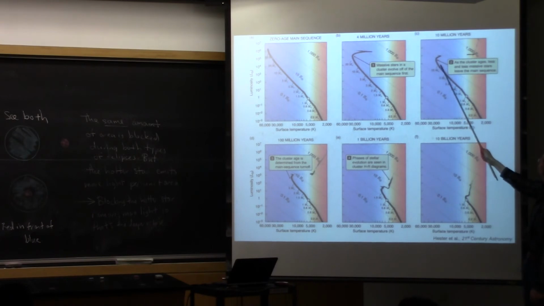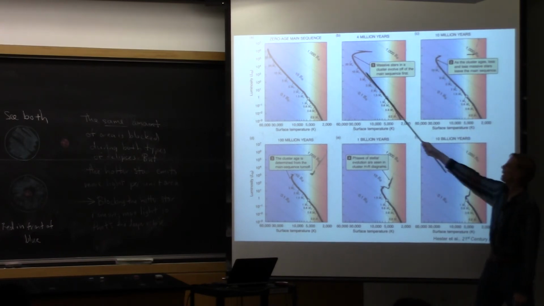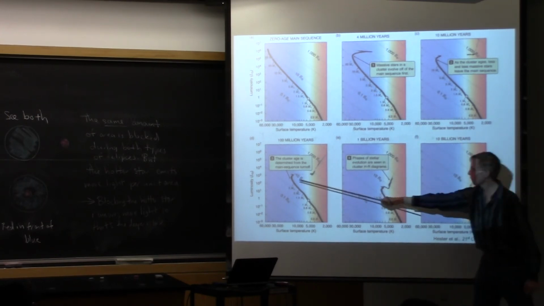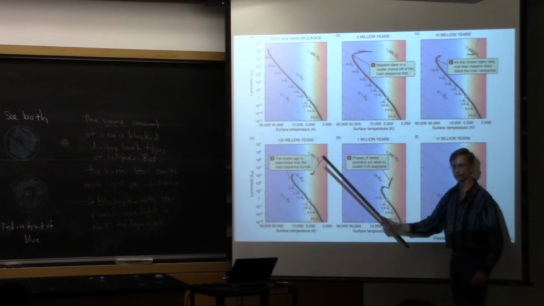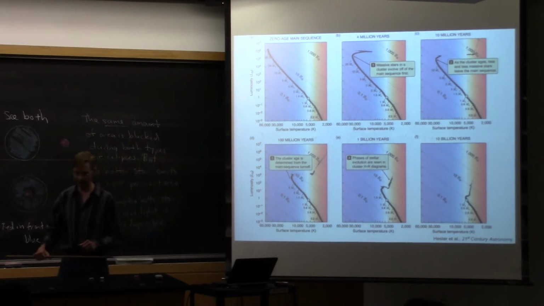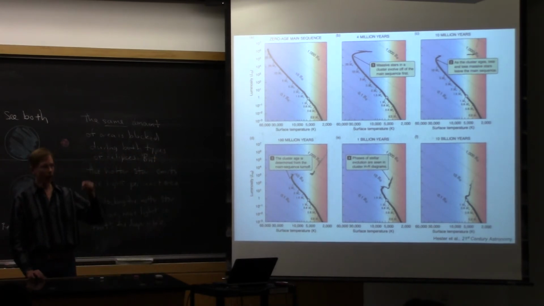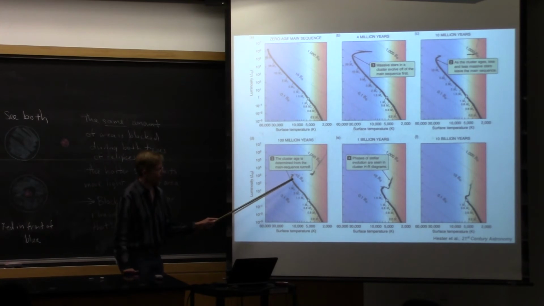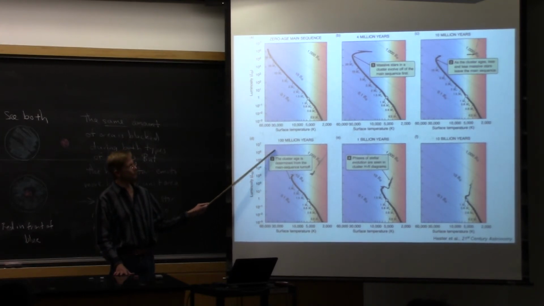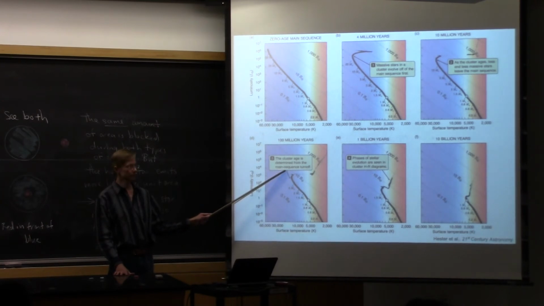Come back millions of years later, and now more and more stars have left the main sequence because they've run out of their central hydrogen fuel. So what we can say is, the lower down you are along the main sequence before there are no more stars on the cluster's HR diagram, the older that cluster must be, because the more massive stars than that have already left the main sequence.